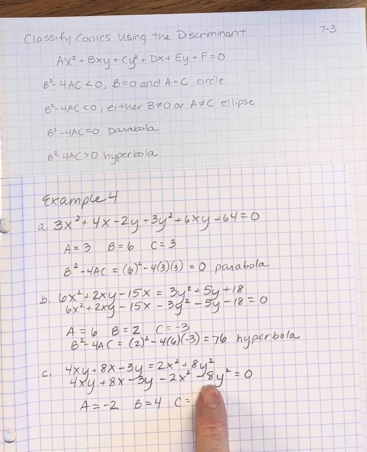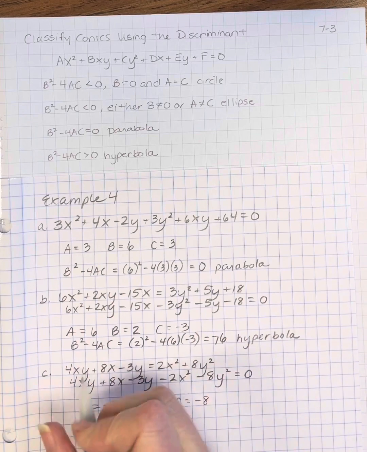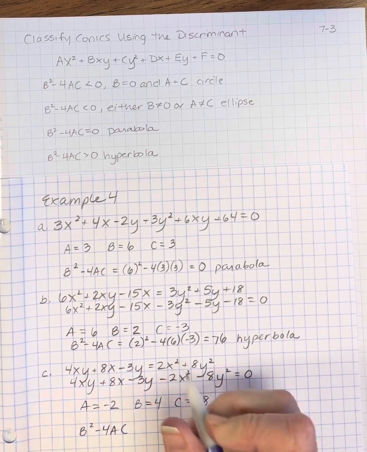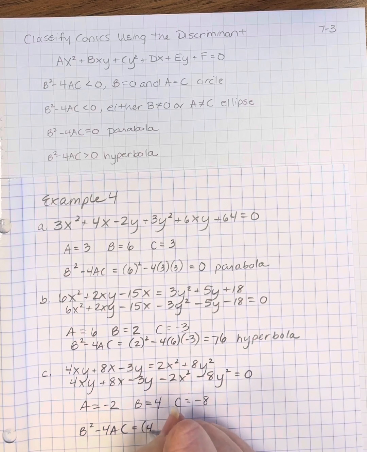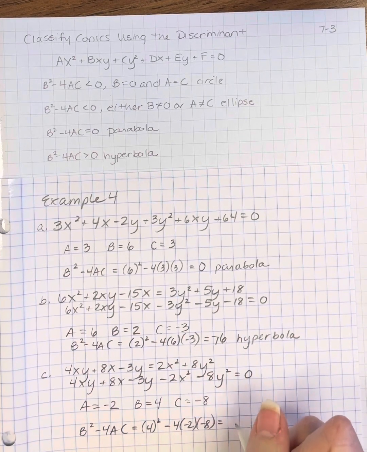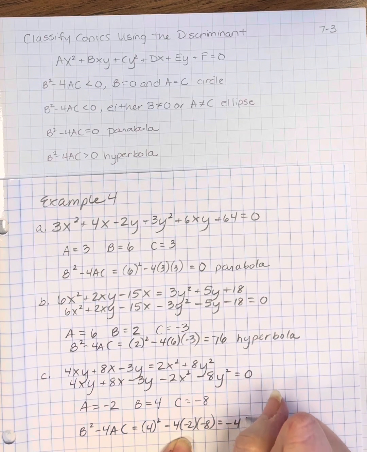C is in front of my y squared, so c is -8. B squared minus 4ac. 4 squared minus 4 times -2 times -8. I get 16 minus 64, and so I get a -48.